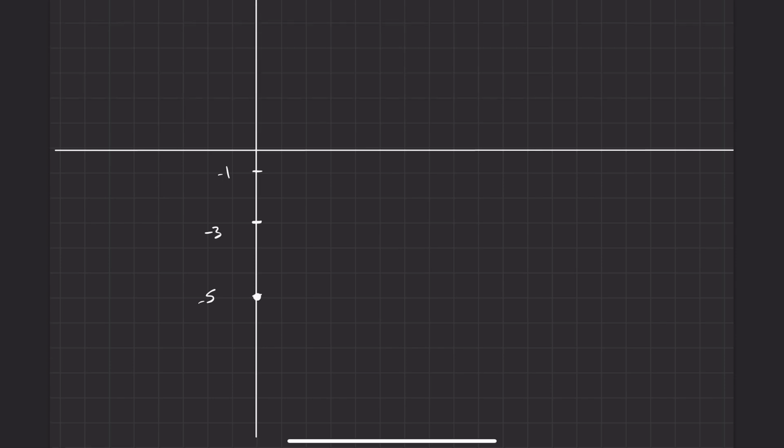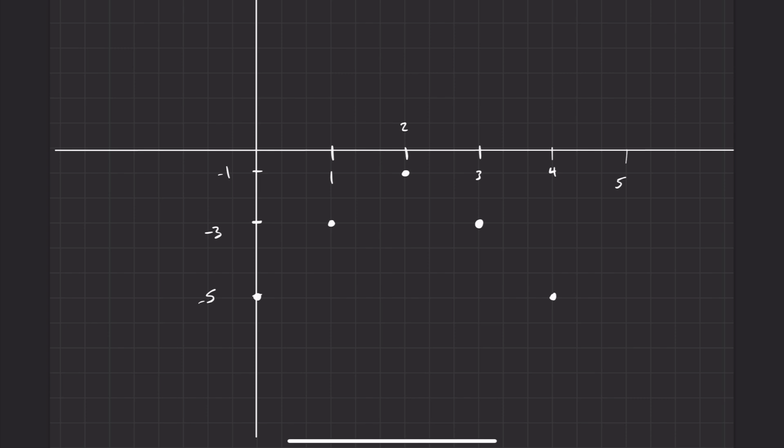I forgot to label this. So this would be 1, this would be 2, this would be 3, this would be 4, and just 5. Okay, so now at 1 we'll be at -3, and then at 2 we'll be at -1, and then we'll be back at -3, and then finally we'll be back at -5 when x is 4.